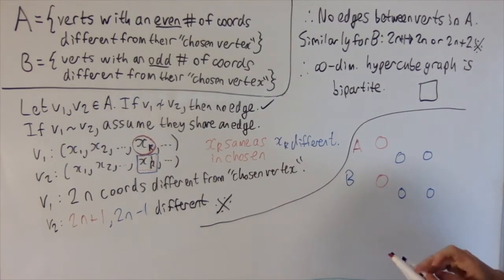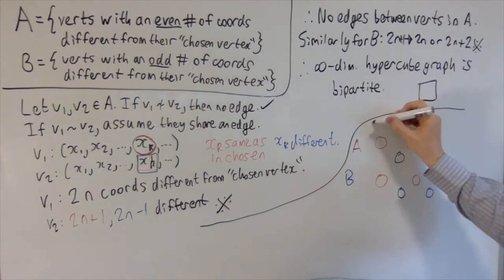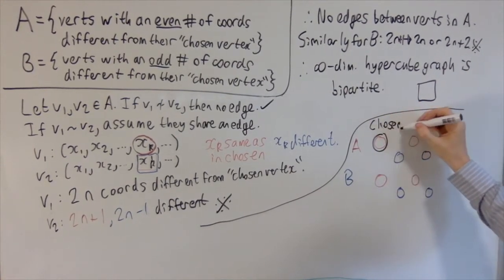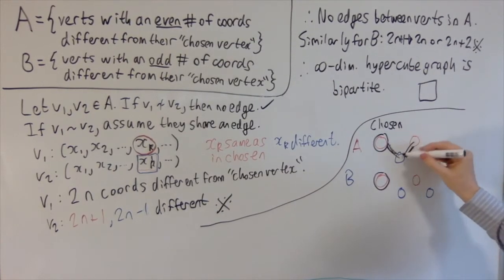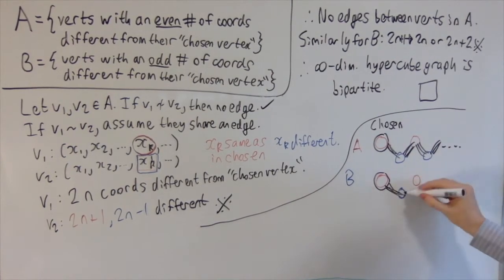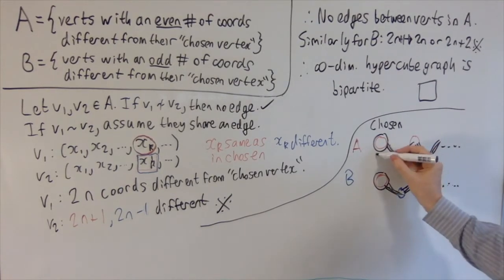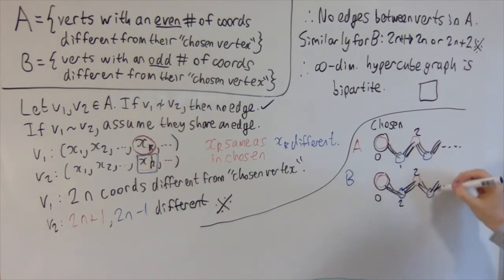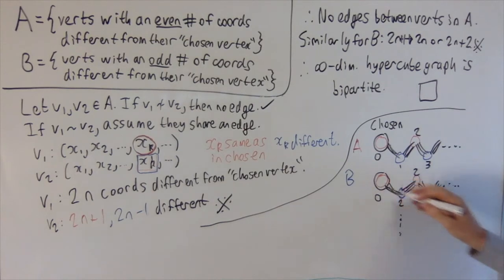Basically how I'm going to draw this out is, you imagine you've got your chosen vertex here for each equivalence class. This is the chosen one for the first equivalence class, and it's connected to lots of different ones in your first equivalence class, and then your second equivalence class we can draw out like this. And these carry on forever: these are all your ones with 0 different, these are all your ones with 1 different, these are all your ones with 2 coordinates different, and so on. And then you've got infinitely many equivalence classes as well.